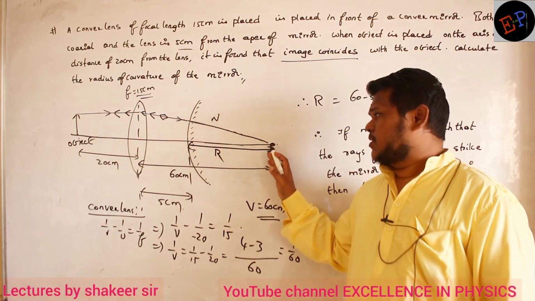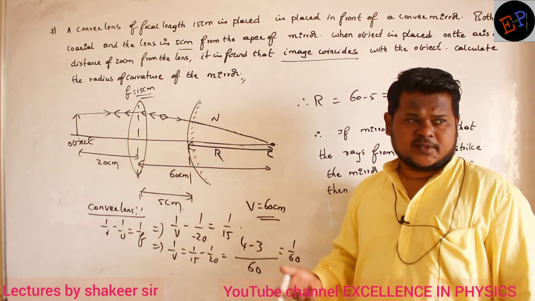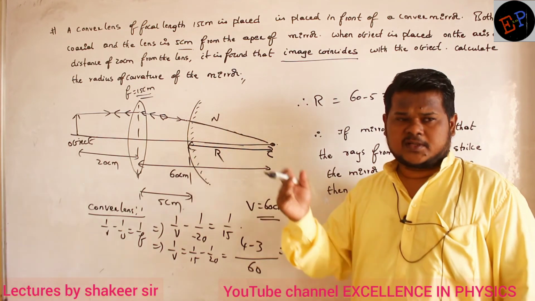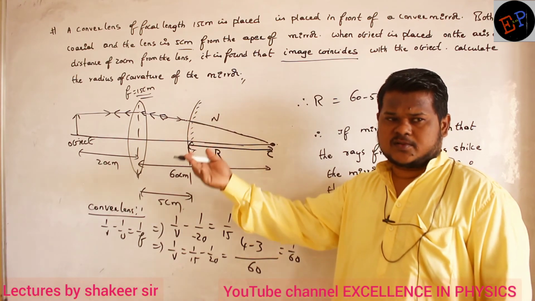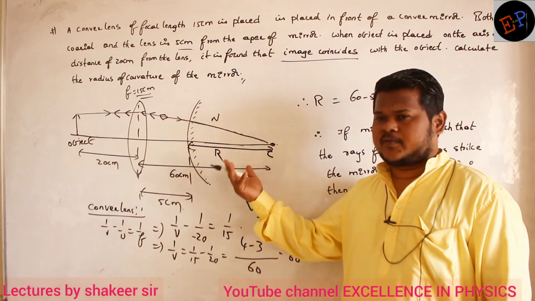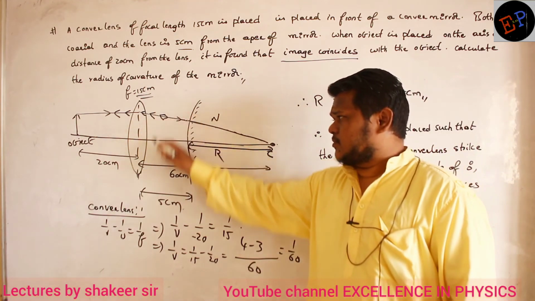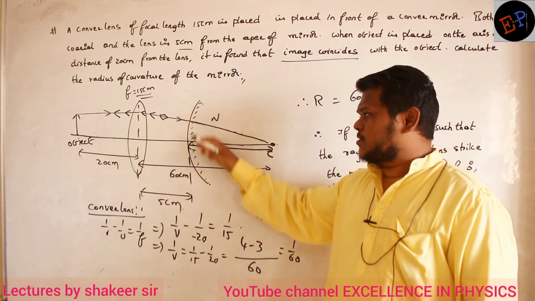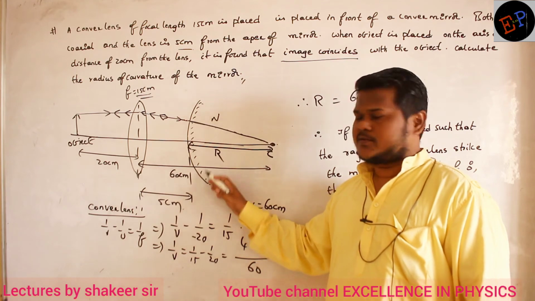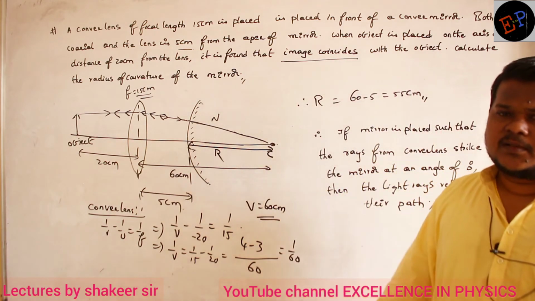Normal is the line drawn from the center of curvature to any part of the mirror, so the normal itself will become the radius of curvature. This lens creates the image at 60 centimeters, but the mirror is present at 5 centimeters from the lens, so the remaining distance will be 55. That should be the radius of curvature of this mirror.